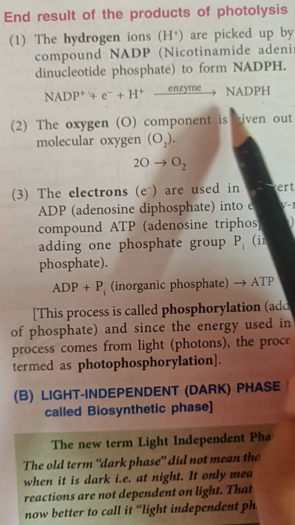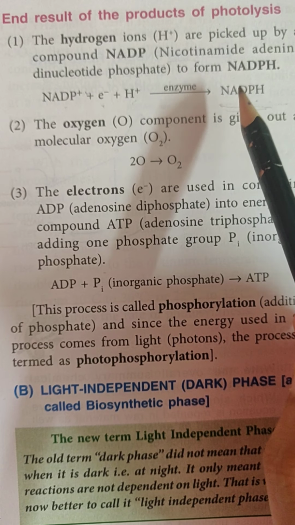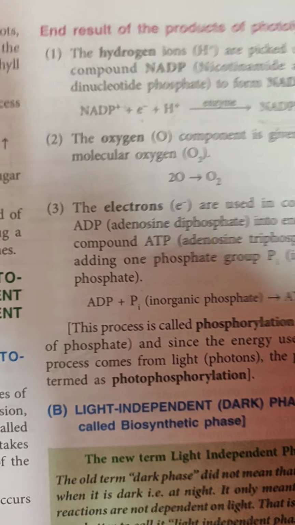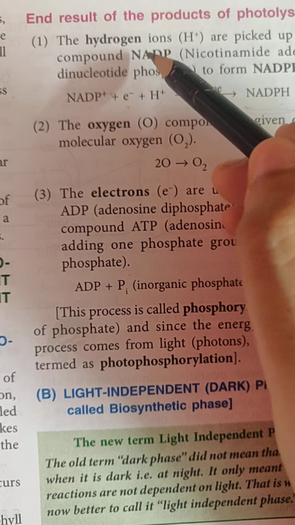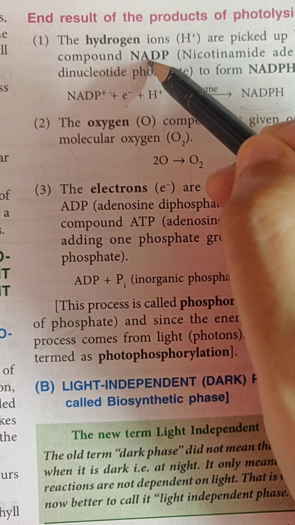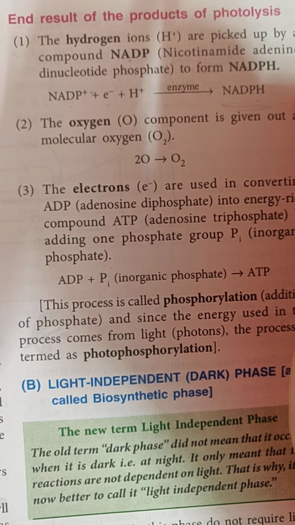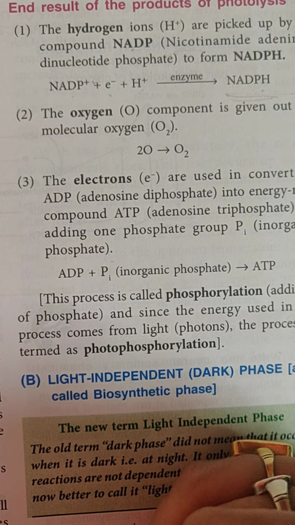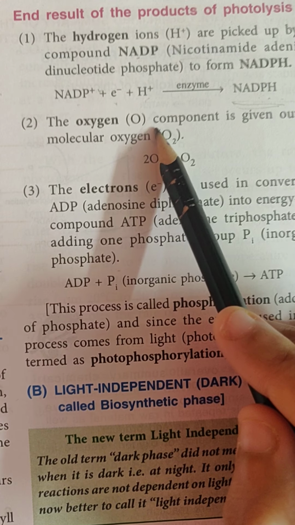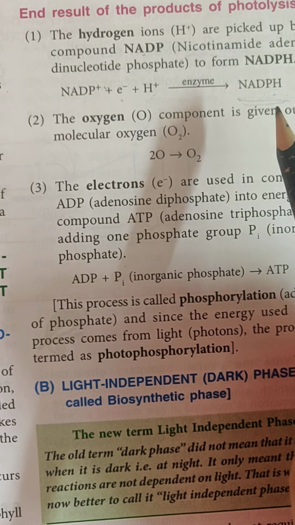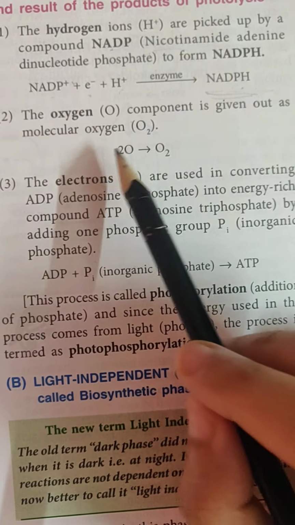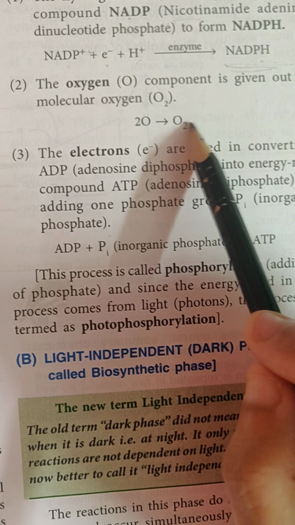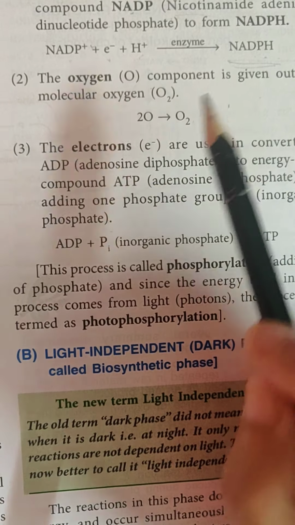So NADP gets reduced. That's the first thing that happens with the hydrogen ion that we get from photolysis. The oxygen component that we get is given out as molecular oxygen. This is the second thing that happens.